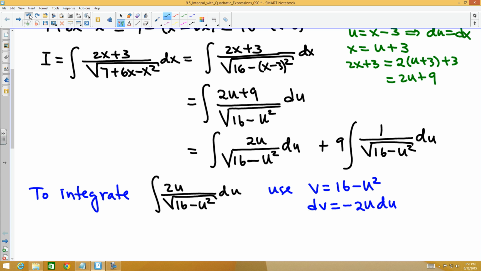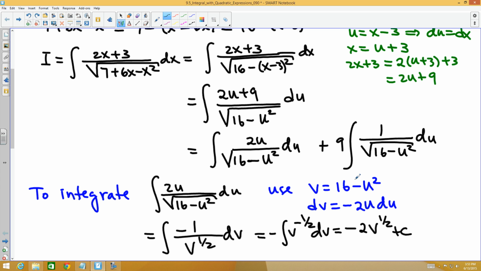The square root of v is v to the 1/2, and 2u du is equal to negative dv. Therefore, we have negative v to the negative 1/2 dv.